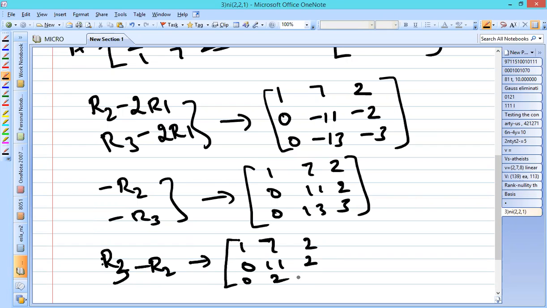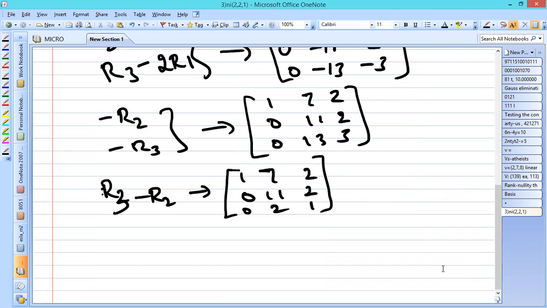Here you get 0, 2, 1. Will any other operation give 0? No. It results in 3 non-zero rows. Further operations can be done, but we'll stop at this point. Since 3 non-zero rows are obtained, the rank of the given matrix is 3.